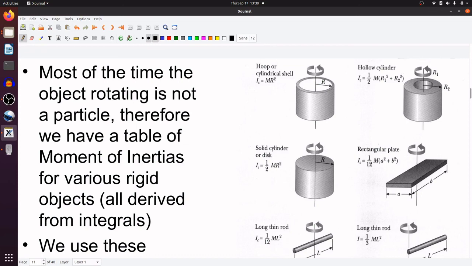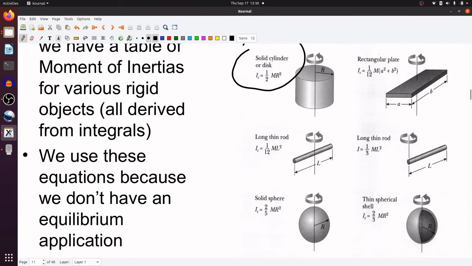There we are. Solid disc cylinder. This is the most common one that you're going to see: one half m r squared. And in fact, if you don't really know what the rotational inertia is, you can just guess it's one half m r squared, and most of the time it's going to be. And then some more odd ones like rectangular plates, and a thin long rod, either through its axis in the middle or through the end.